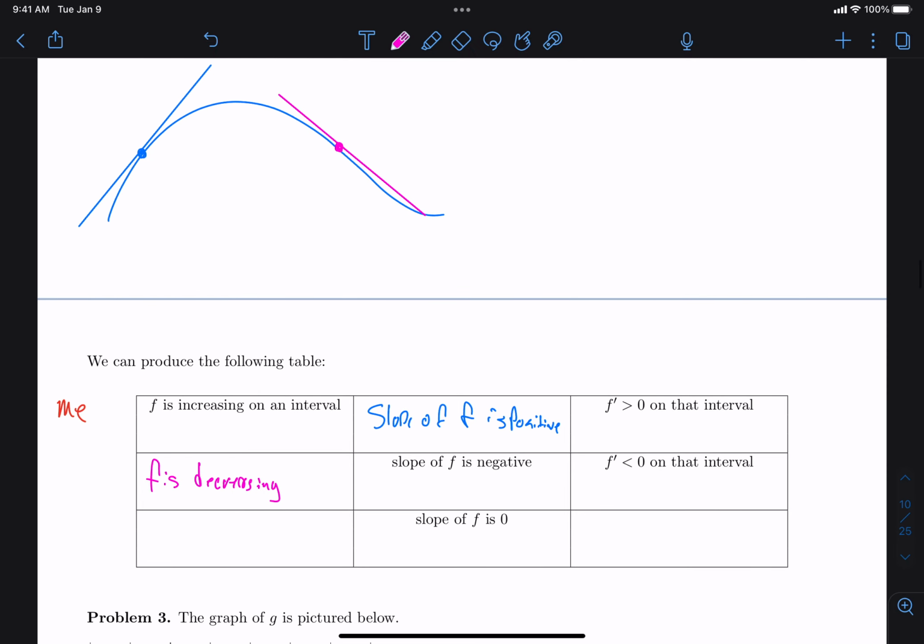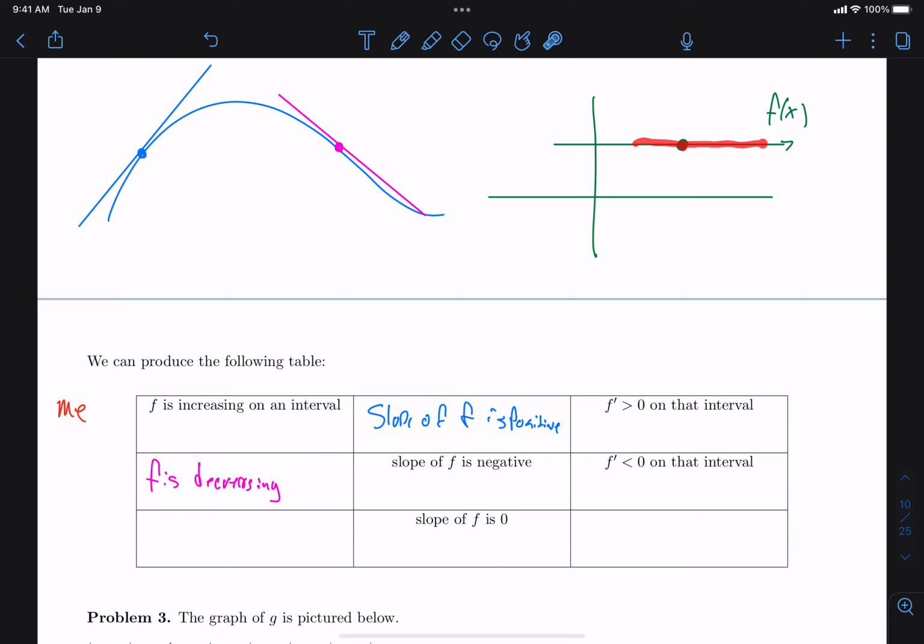Okay, and then finally, the third intermediate option. Why don't I draw a whole new picture? So this is my function. Looks like that. So this is f of x. Then, at this point, what does the tangent line look like here? It's just a horizontal line.